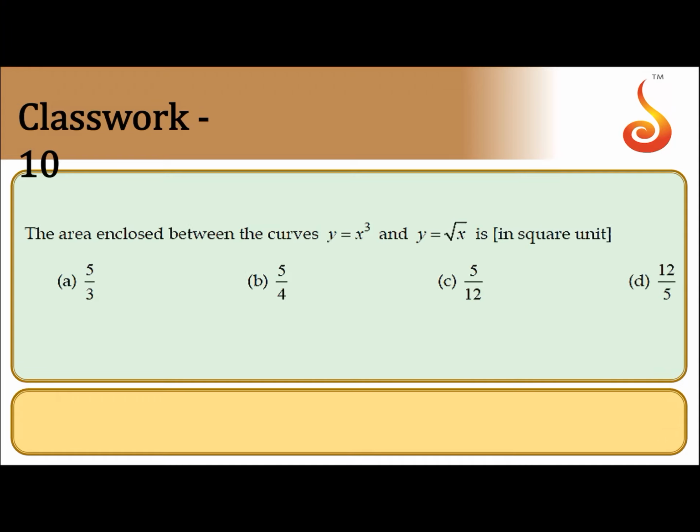Coming to the next one, the area enclosed between the curves y equals x cube and y equals root x. Clearly you can see the y equals x cube curve looks like this, and the y equals root x curve like this. Both of them intersect at point 1. So the area between the curves is between 0 to 1. The upper curve is root x, the lower curve is x cube. Therefore, area is equal to the integral from 0 to 1 of root x minus x cube into dx.